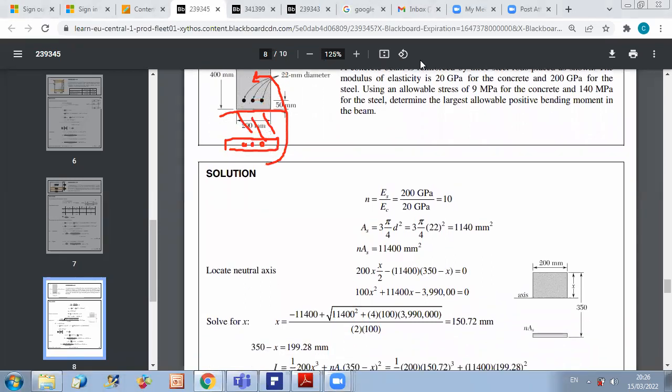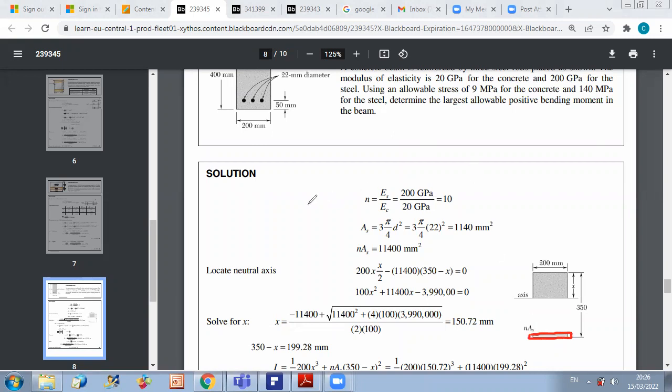So as we discussed before, whenever we have 2 different materials, we should find the modified section corresponding to having equivalent same materials in the figure. So this is why the first step will be to determine the coefficient n to modify the area of steel into an equivalent area of concrete. So you have n equal to Es over E concrete, which is 200 over 20 equals 10.